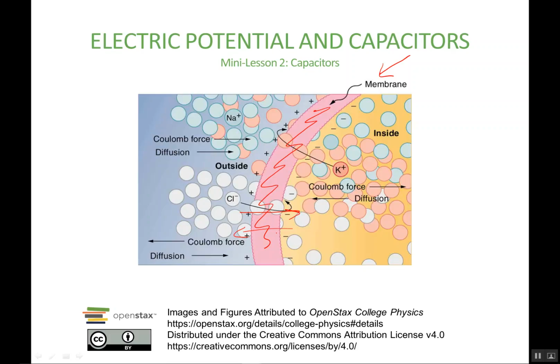And the cell uses a whole host of ion pumps and ion exchangers and energy stored in ATP to move ions across this cell membrane. So inside your excitable cells, which are mainly your muscle cells and also your neurons, there's a significant separation of charge across the plasma membrane, and these membranes themselves act like storage devices for this charge, which are called capacitors.